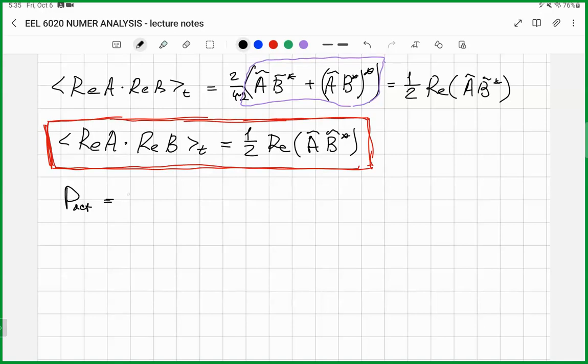The power is the product of the current and voltage, right? And if we're interested in the active part, we take the time average of this, and we came to the simple formula 1/2 real part of U times I, voltage times current.